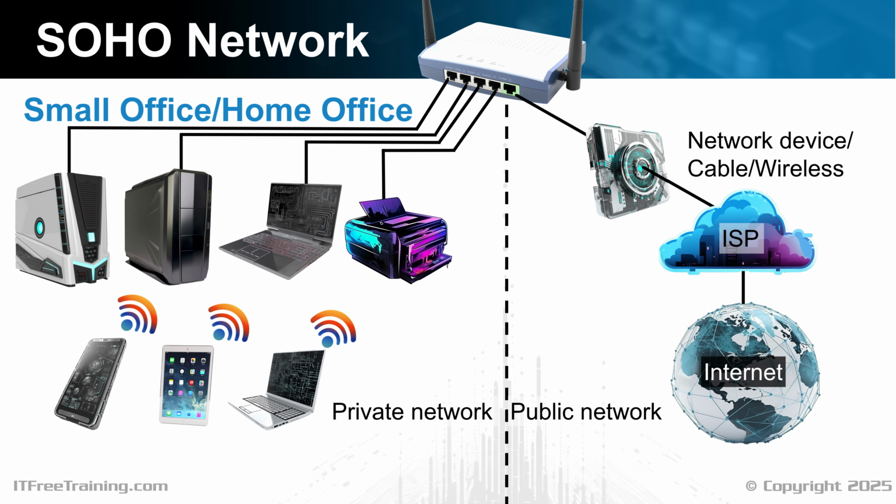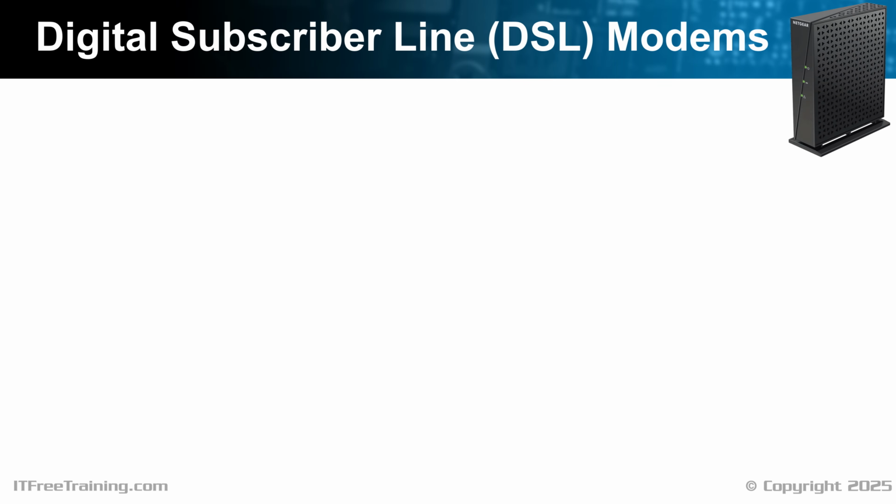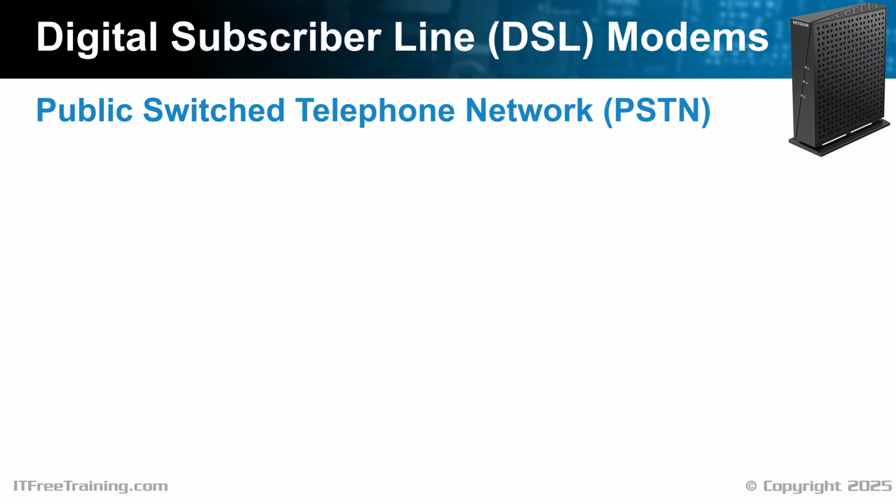The device shown is a fictional device that does not exist. Let's explore the actual devices and technologies used to establish Internet connections. To start with, I will look at Digital Subscriber Line, or DSL. This uses the Public Switched Telephone Network, or PSTN.